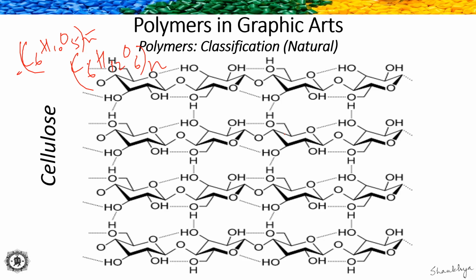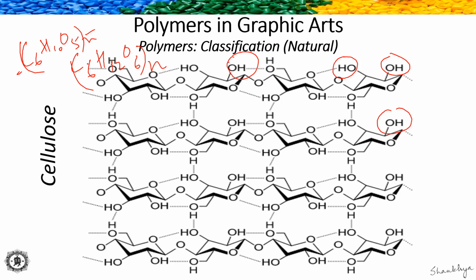Why? Because there are these hydroxyl functional groups over here. These hydroxyl functional groups, which may be free or not, form hydrogen bonds with water, and as a result, the cellulose fiber has a tendency, if you take any piece of paper, especially newspaper, which is very absorbent in nature, it's very easy to wet that particular paper.